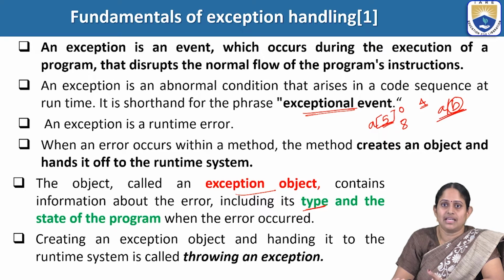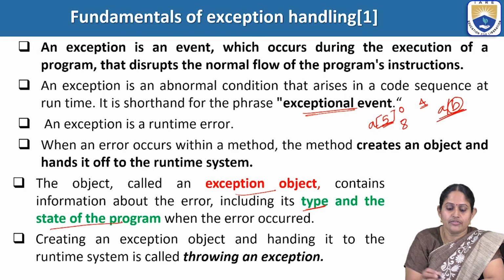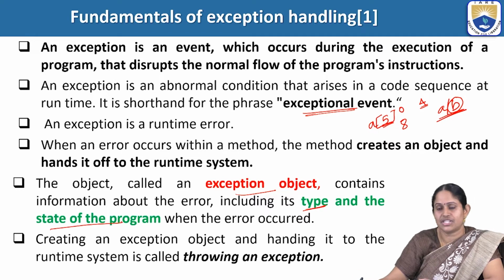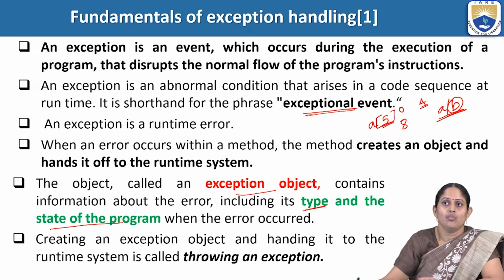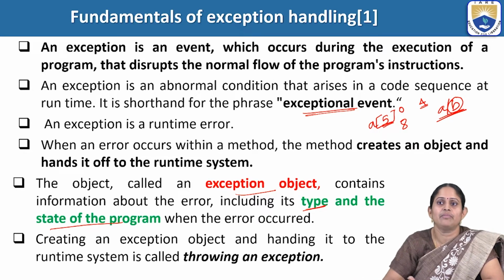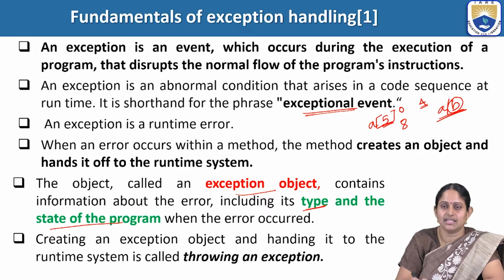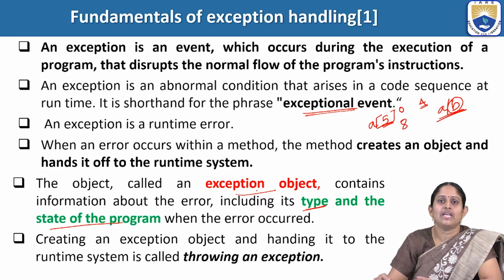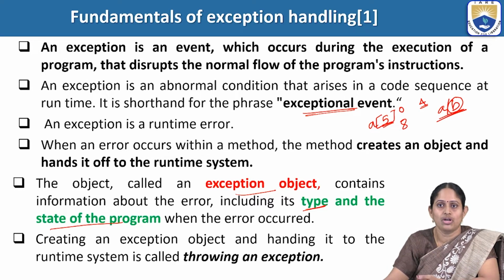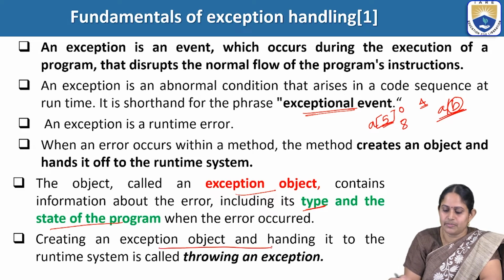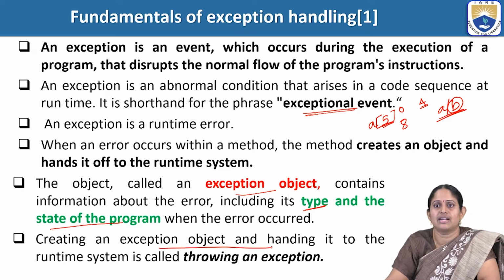That determines the type and the state of the program. At which line the error occurred and what caused the error will all be defined inside the exception object. So creating an exception object and handing it to the runtime is called throwing an exception.